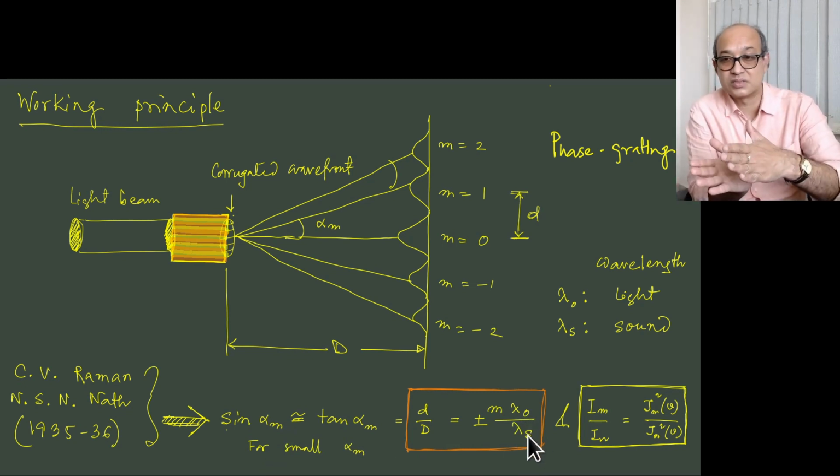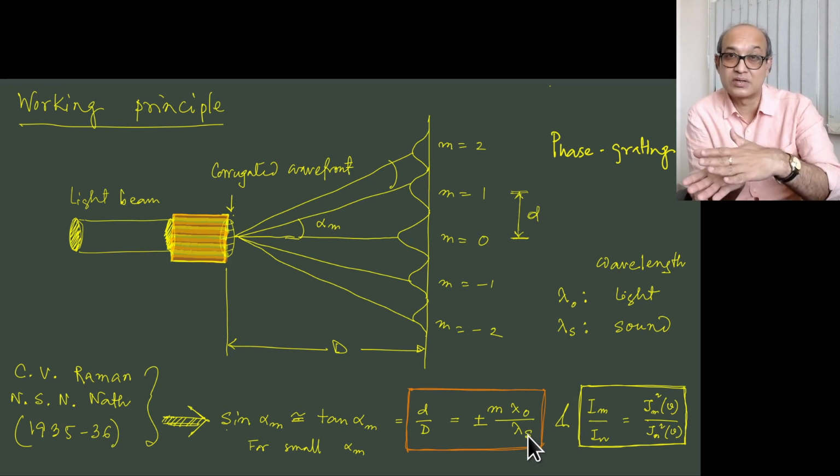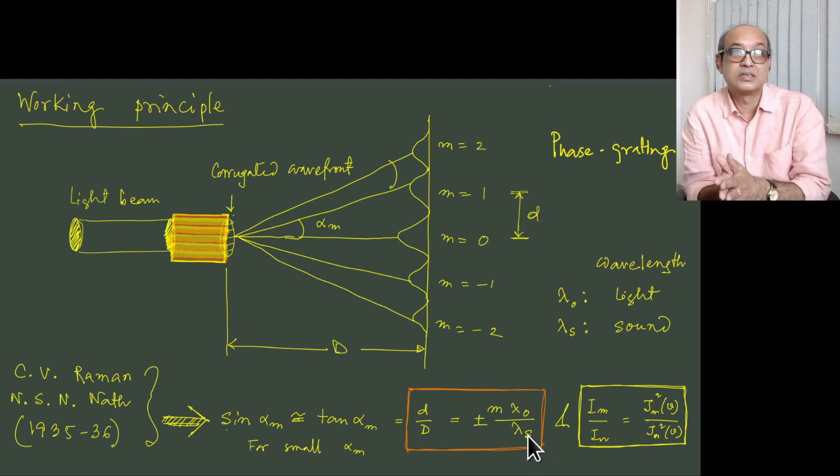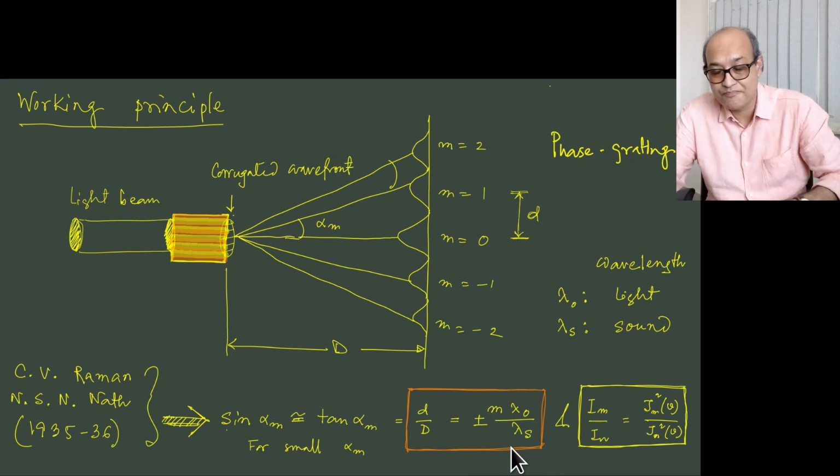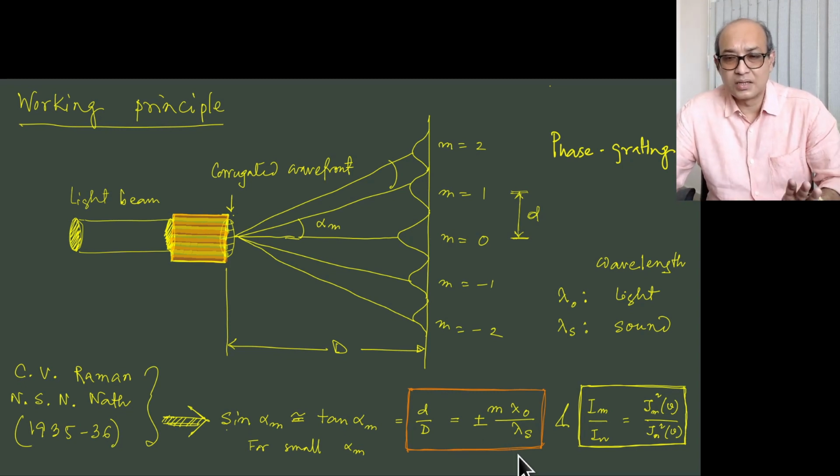Of course, instead of lambda s, you have the spacing between the reflecting layers, because the Bragg pattern comes from reflection. But Raman-Nath, remember, we just showed, is a continuous variation of the refractive index. In any case, we do not need to go into the theory.